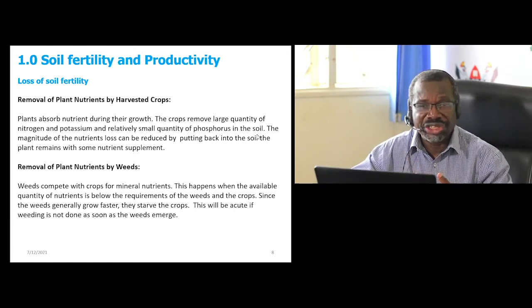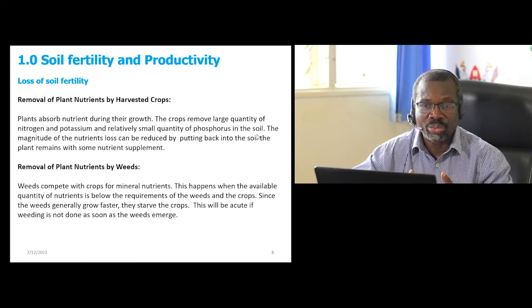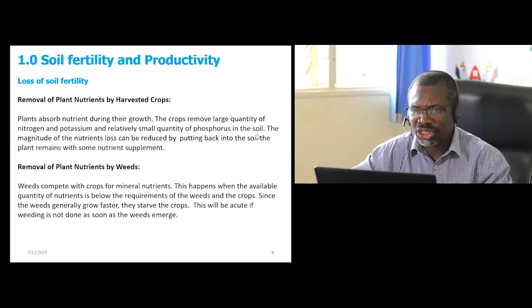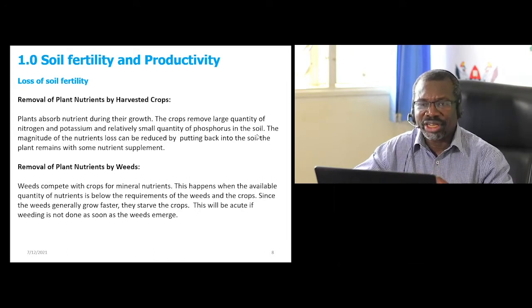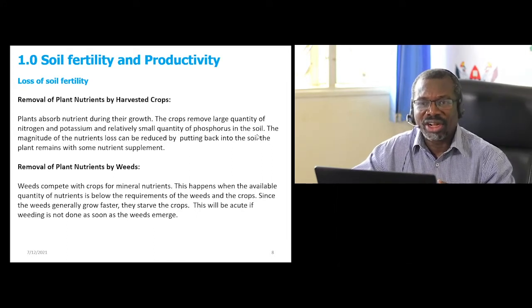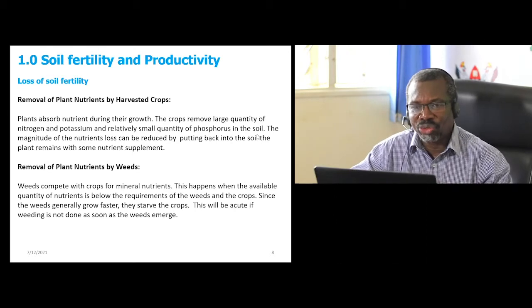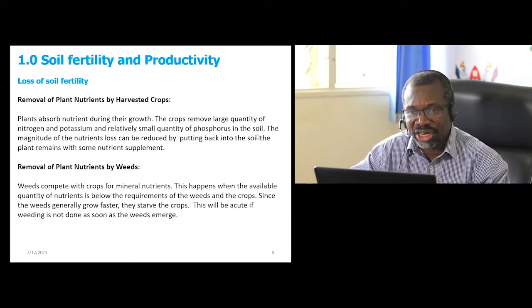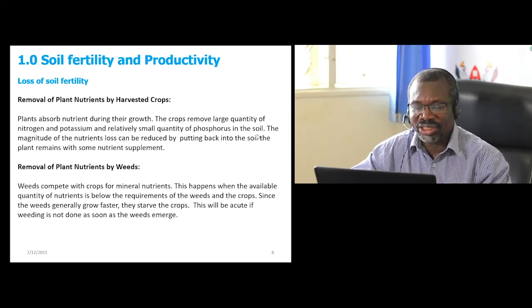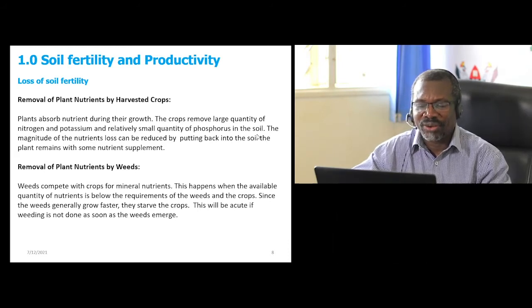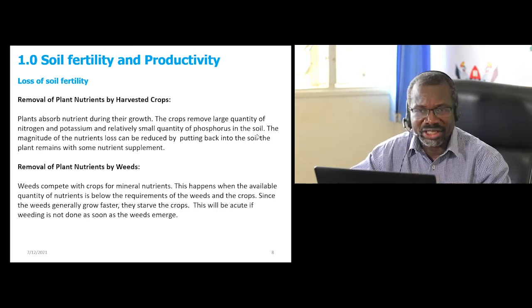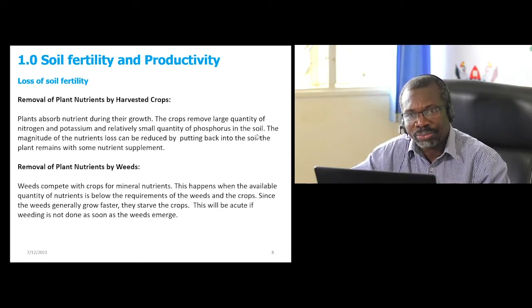In terms of weeds, weeds and crops generally are in competition, and especially when the nutrient levels are very low, the competition for this scarce nutrient now becomes very stiff, and sometimes the weeds grow faster and they starve the crop.